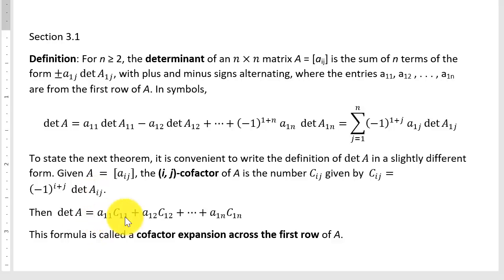And so the determinant can be given in a more compact form, a11 times c11, the cofactor, plus a12, c12, etc., going all the way up to a1n, c1n. Now this is a cofactor expansion on the first row as defined in our determinant.